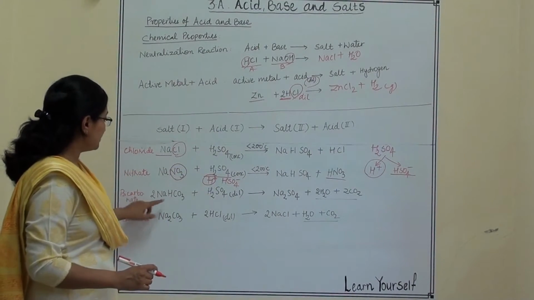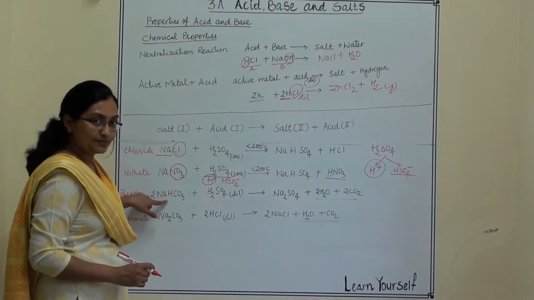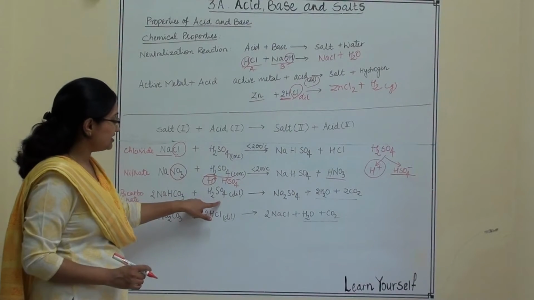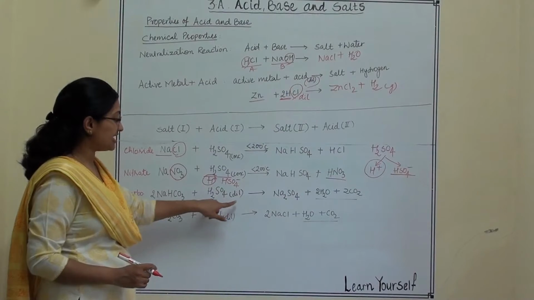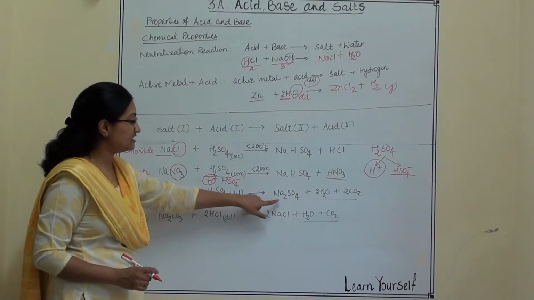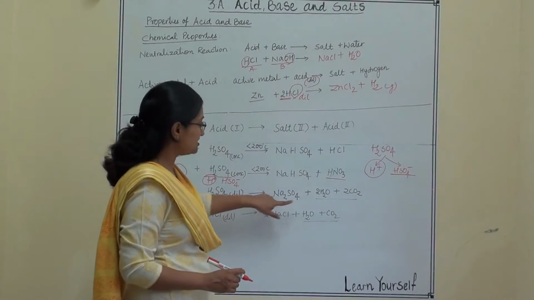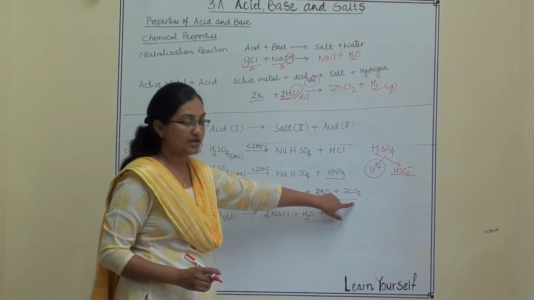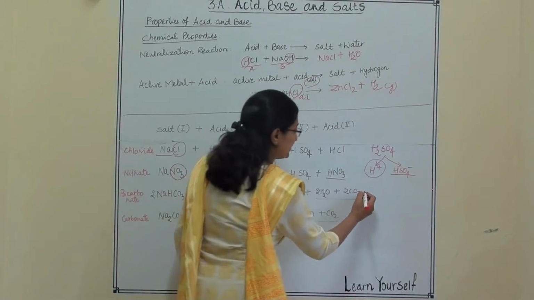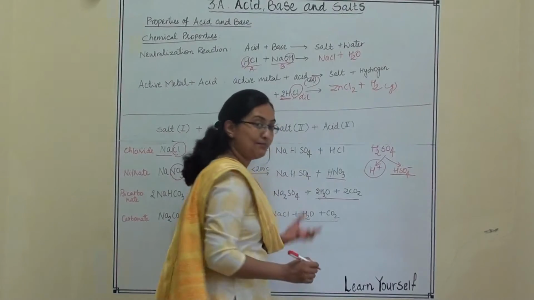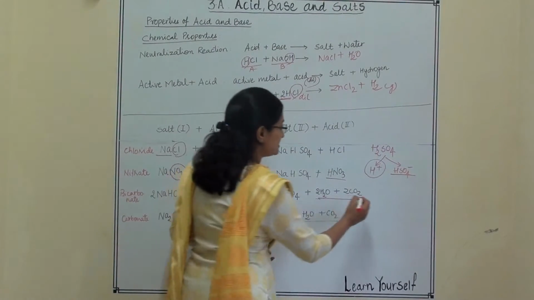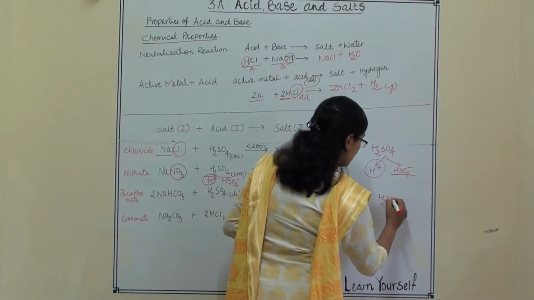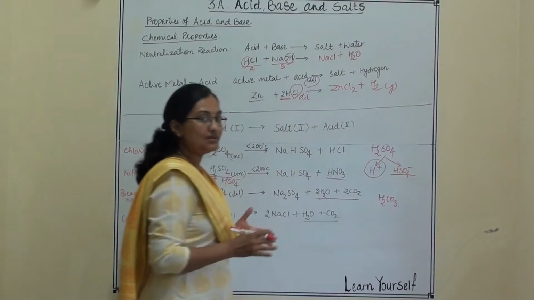Now bicarbonate. Sodium bicarbonate, when it reacts with dilute sulfuric acid, gives us sodium sulfate, water and carbon dioxide. These two together give us a temporary carbonic acid, that is H2CO3, an unstable carbonic acid.